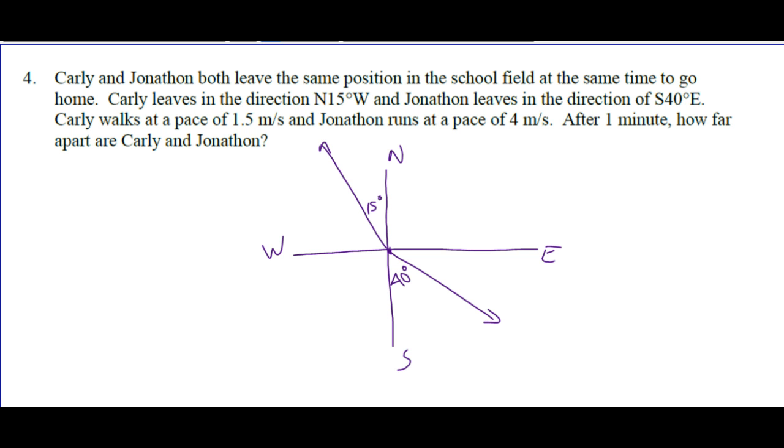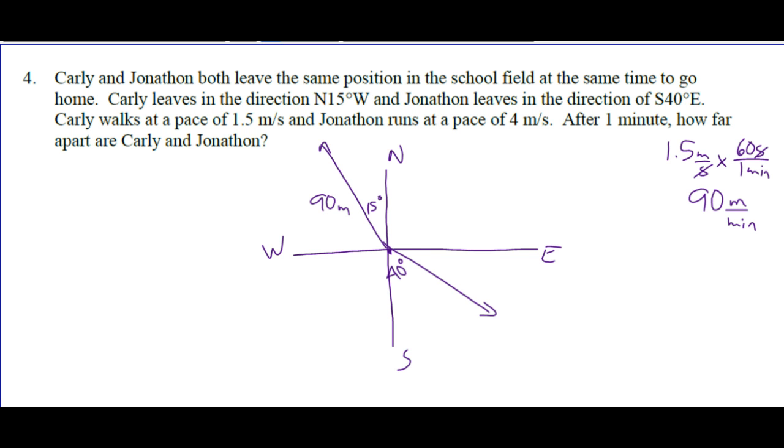Now, Carly walks at a pace of 1.5 meters per second, and she goes for 1 minute, which is 60 seconds. The seconds cross off, and 60 times 1.5 is 90 meters per minute. So in 1 minute, she has gone 90 meters.